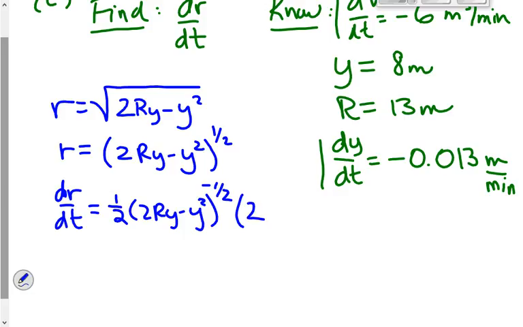Let's take it term by term. What's the derivative of 2ry going to be? No, because r is going to be a constant. So it's going to be 2r, and the derivative of y is 1. Hang on. I could put in my dy dt, yes. And then, Sarah, I've got y squared, so what's the derivative of that going to be? You got it.